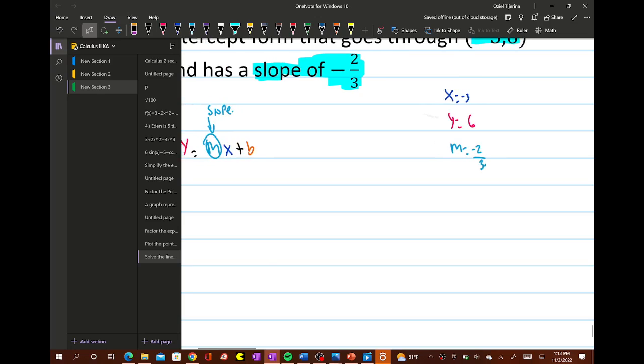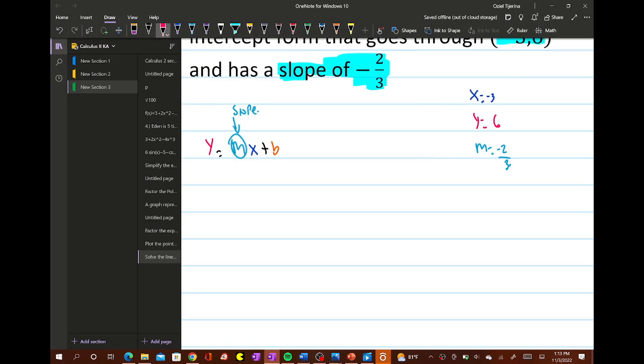So I can write the following: y equals mx plus b, and b is my y-intercept.